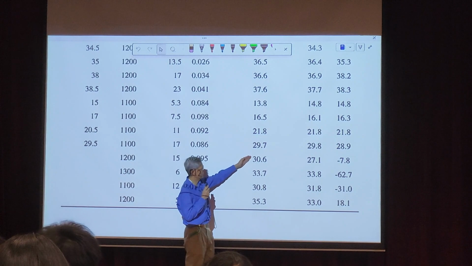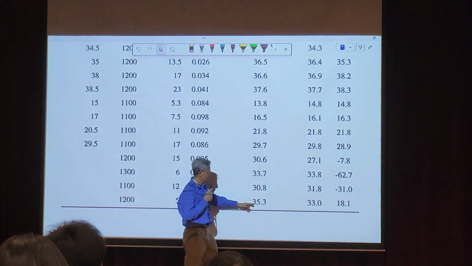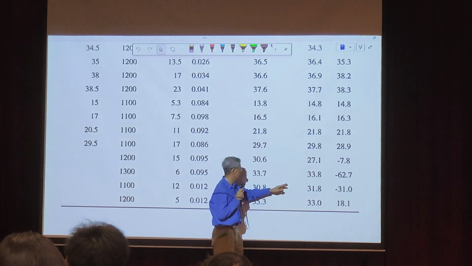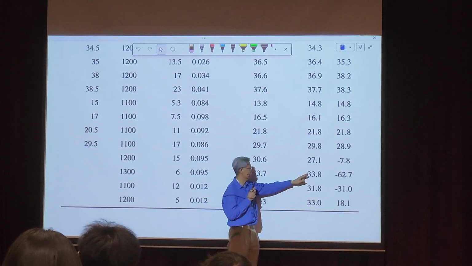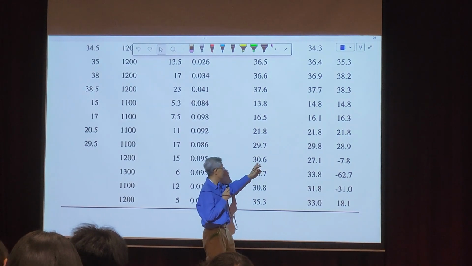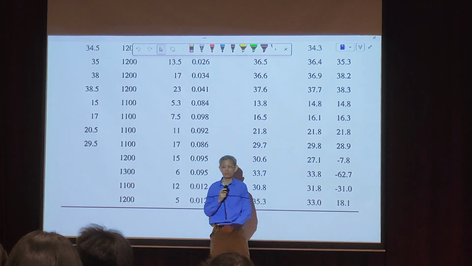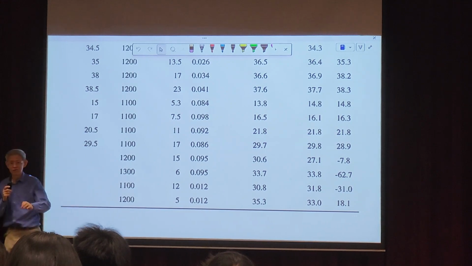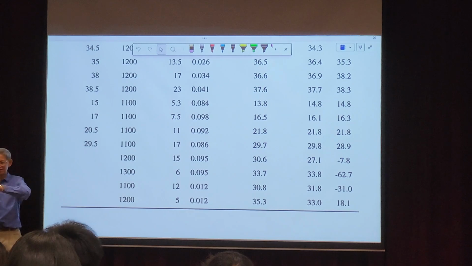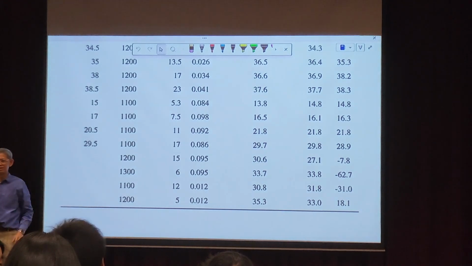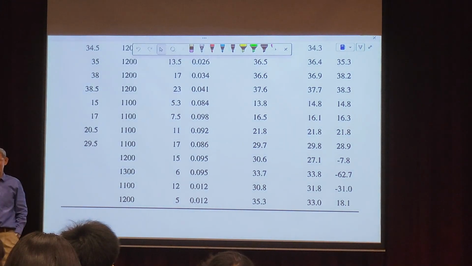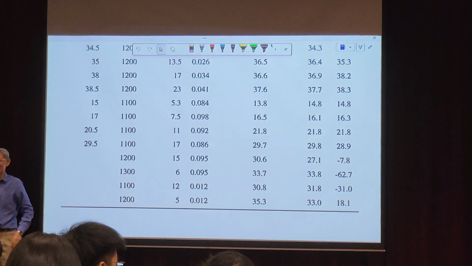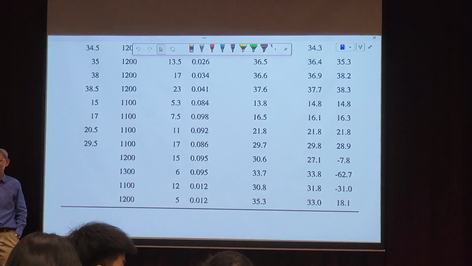Look at this principal component. 35.3, 33, 30.8, 31, 33.7, 33.8, 30.6, 27.1. Looks like ridge regression, which is a very simple idea, gives you almost as good a result as the much more sophisticated surgical method of principal component.